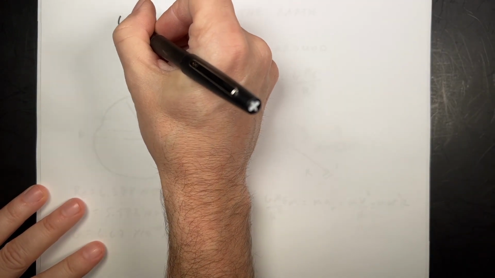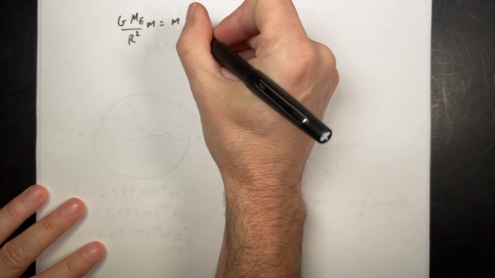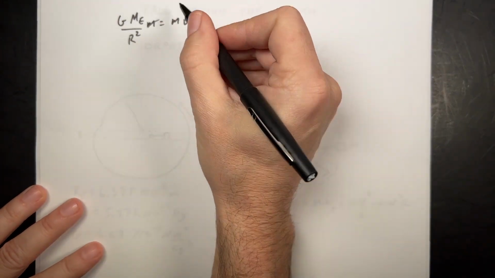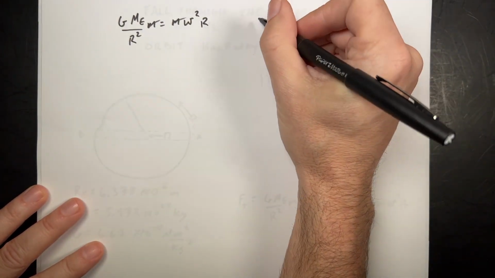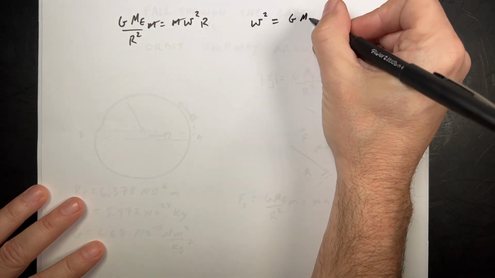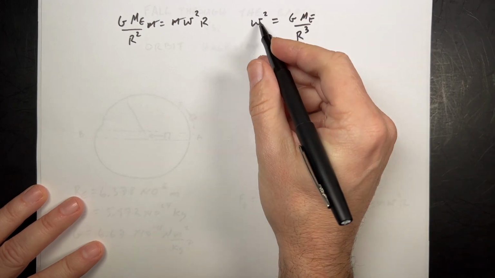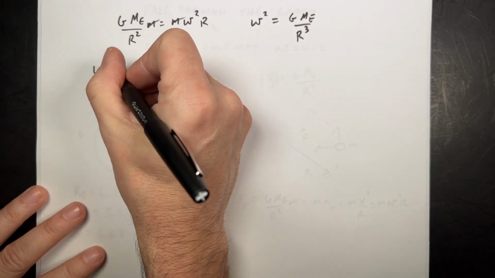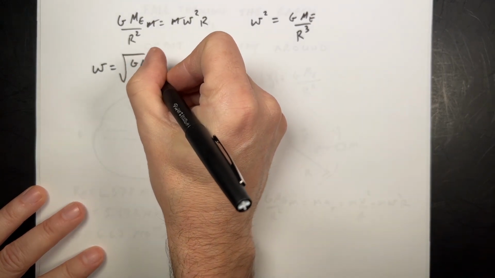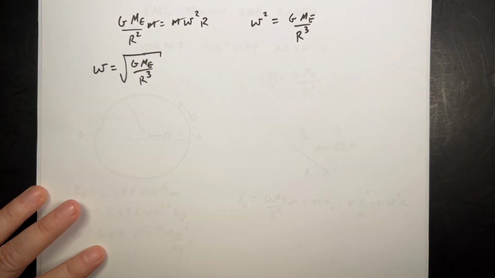So G, mass of the Earth over r squared, times m, is equal to m omega squared times the radius of the Earth. Mass cancels, divide both sides by r, and I get omega squared is equal to G, mass of the Earth, over the radius of the Earth cubed. Now I'll take the square root. Omega is the square root of G mass of the Earth over r cubed.